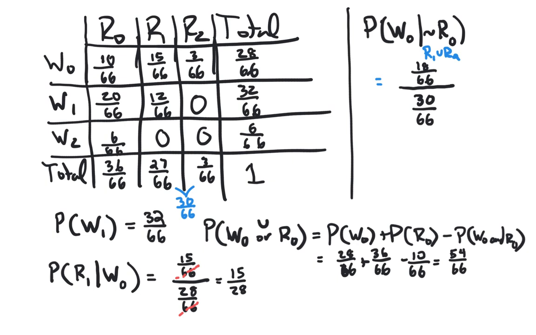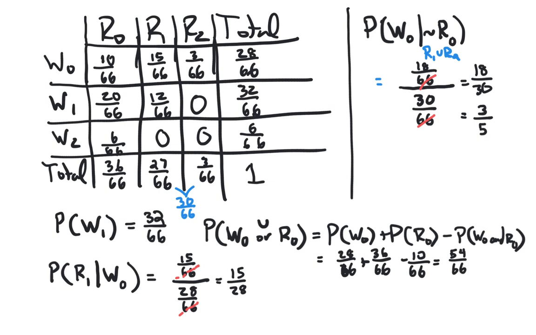And this simplifies to 18 over 30 when we're dividing fractions with the same denominators. Those denominators cancel. You can multiply by the reciprocal to check that. And we can simplify this if you like. I see a common factor of 6 in these guys. So 18 divided by 6 is 3, and 30 divided by 6 is 5.